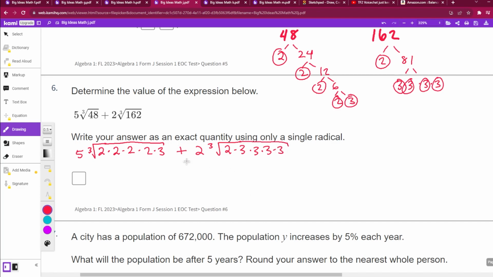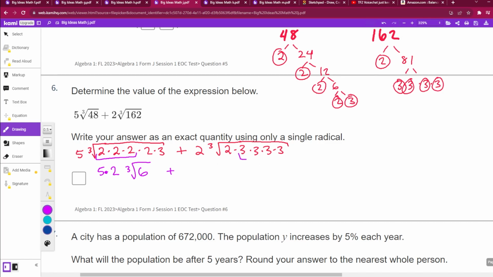Okay. And cubed root means we can pull out 3 of a kind. There's 3 2's, so we can pull out a 2 in the front. And we still have the cubed root of 6 on the inside.